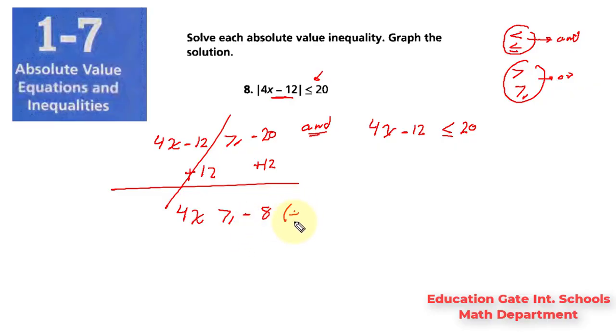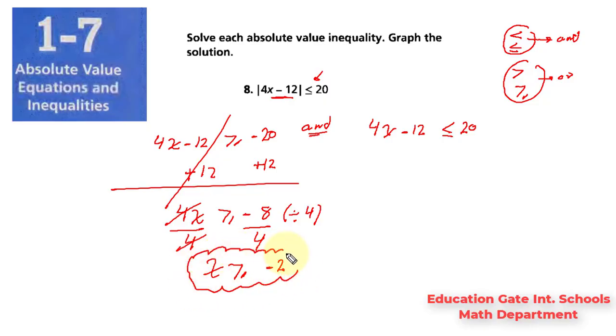Next step, just divide both sides by 4. Cancel, we get x is greater than or equal negative 2. This is the first part of our solution.